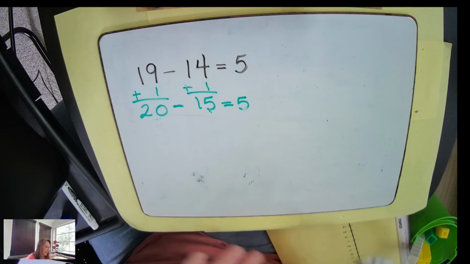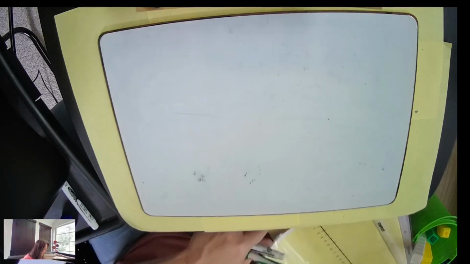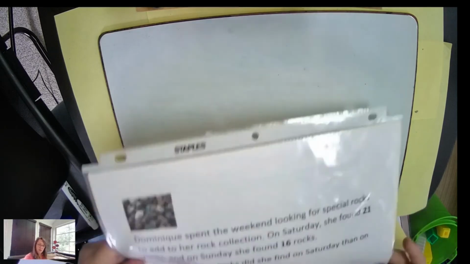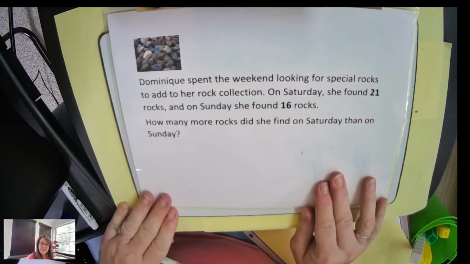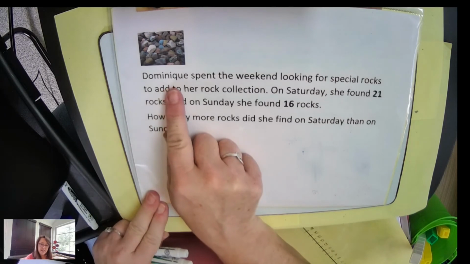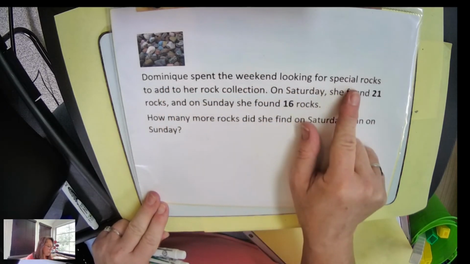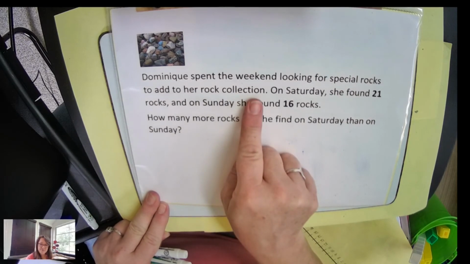Okay, we have one last problem to do. And this problem is a word problem. Here's the problem. Dominique spent the weekend looking for special rocks to add to her rock collection.